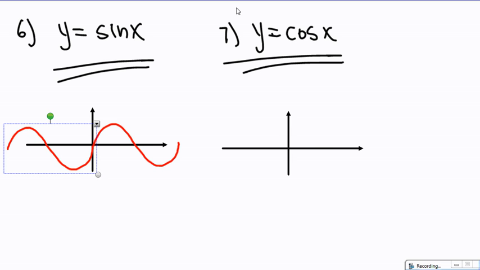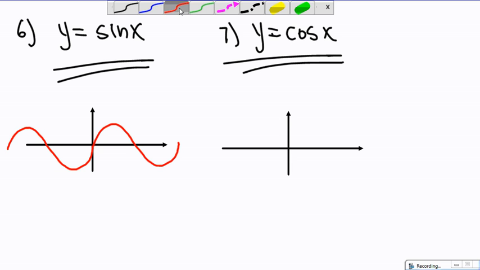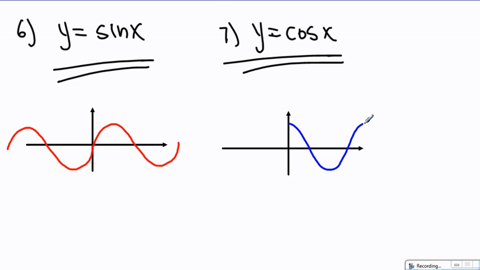And then, how about cosine of x? Cosine of x would have looked something like this, and the other side would have been something very similar.